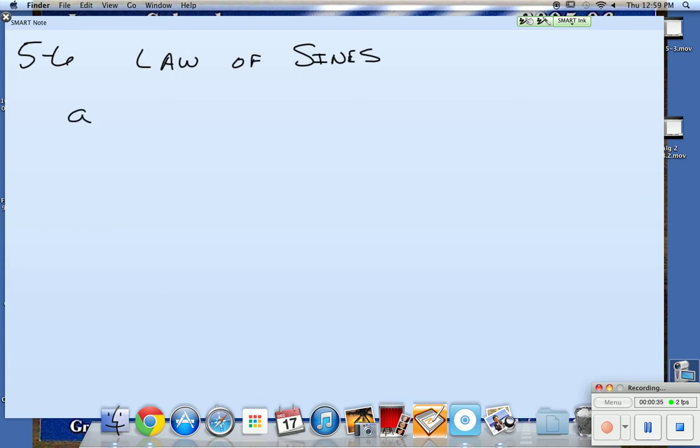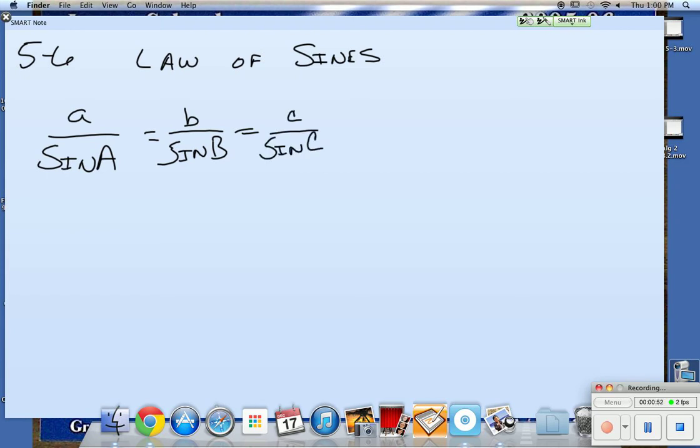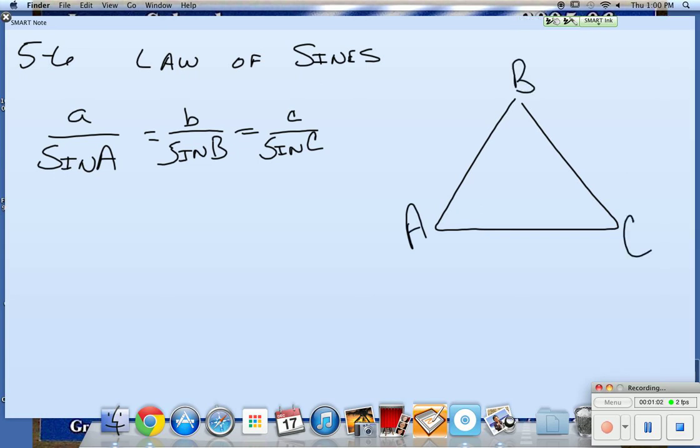It is A over sine of big A equals B, small b, over sine of big B, equals C over sine of big C. And that comes from a triangle where the large or capital letters go on the angles, and opposite that capital letter would be the small letters that match it.